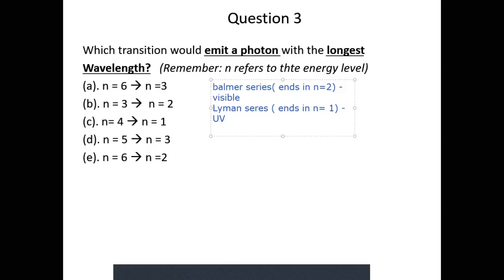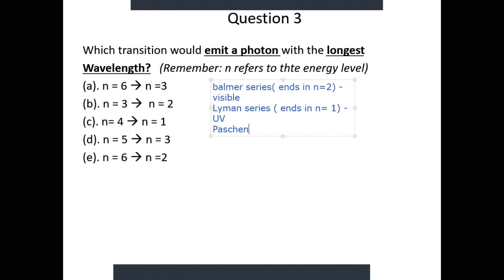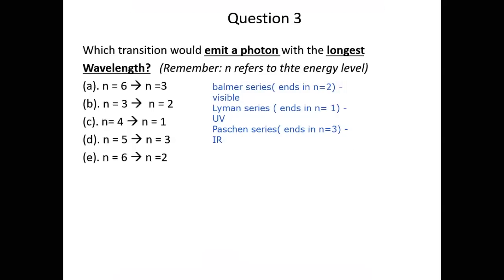And then the Paschen series ends in n equals 3 and is the IR. So the first thing we need to do is determine which one of these series has the longest wavelength. And the one with the longest wavelength is Paschen, because IR is longer than visible and UV.